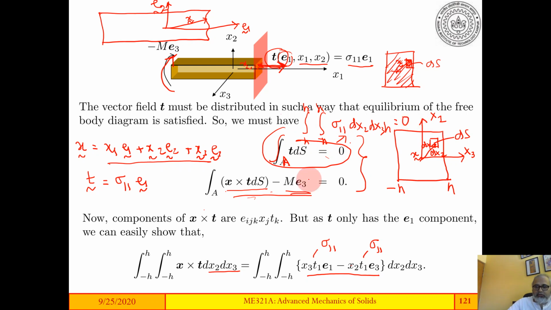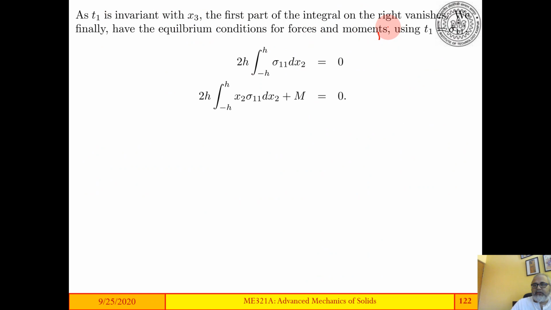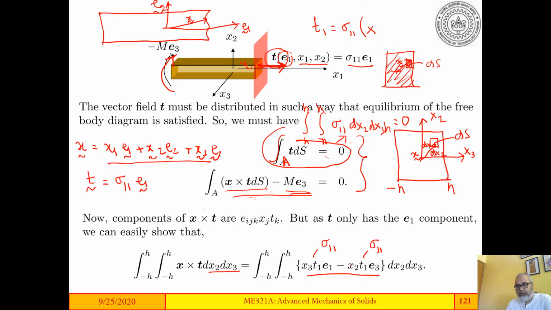Okay. Now here, if you look at it carefully, you will see that t1 is a function of x1 and x2. So t1 equal to sigma 11 is a function of x1 and x2.